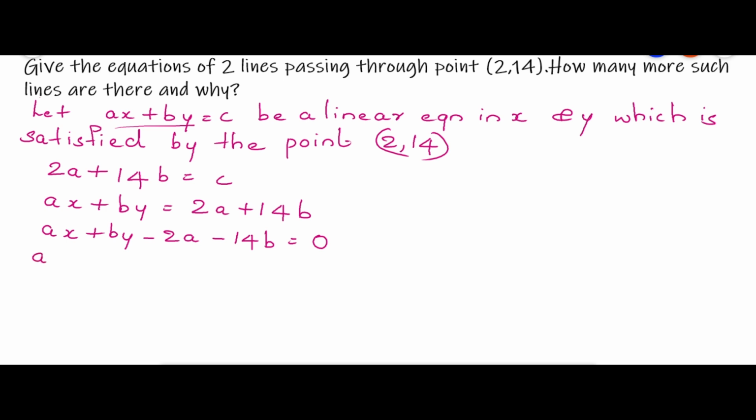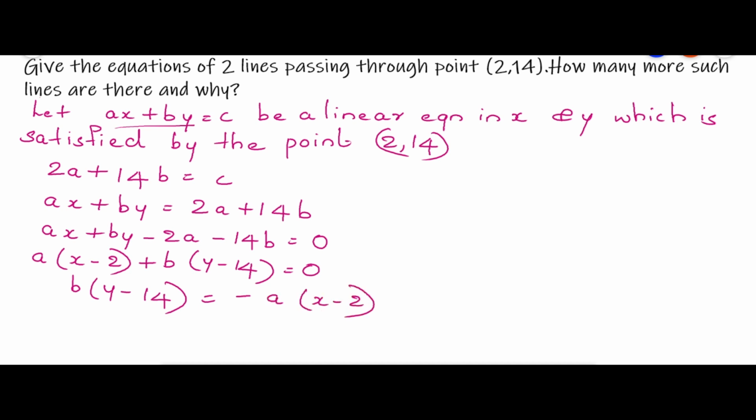So taking a common, a into x minus 2 plus b into y minus 14 equal to 0. So b into y minus 14 can be expressed as minus of a into x minus 2. So y minus 14 divided by x minus 2 is equal to minus a by b.